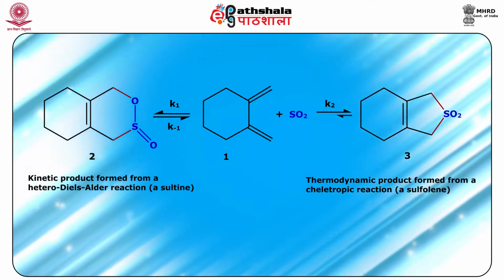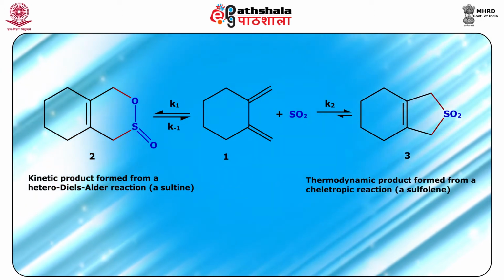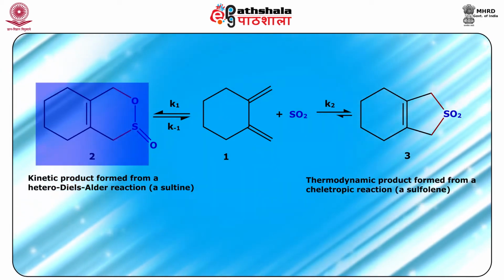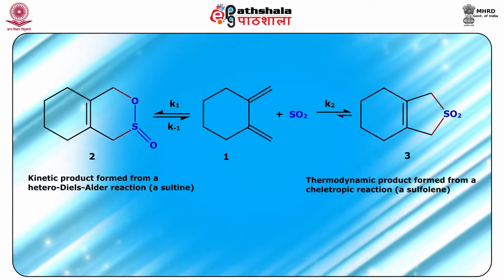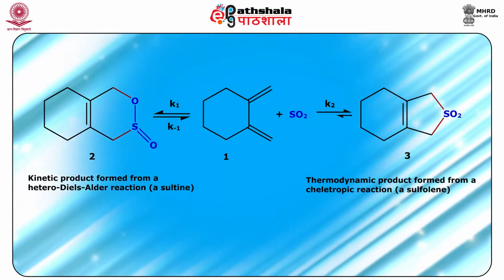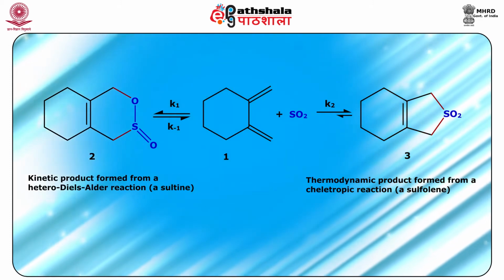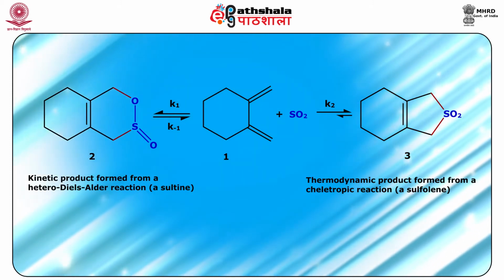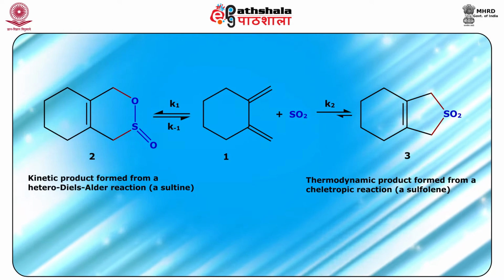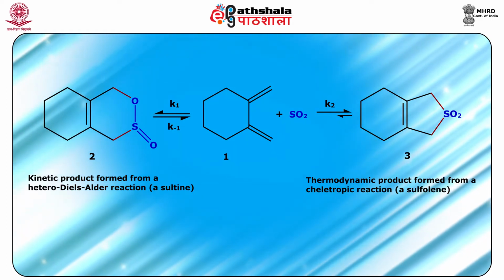It has been shown experimentally that this reaction may lead to a 4+2 Diels-Alder adduct, which is the kinetic product but is thermally unstable and so readily undergoes a retro-Diels-Alder reaction to give back the starting material, that is 1,3-diene and sulfur dioxide.